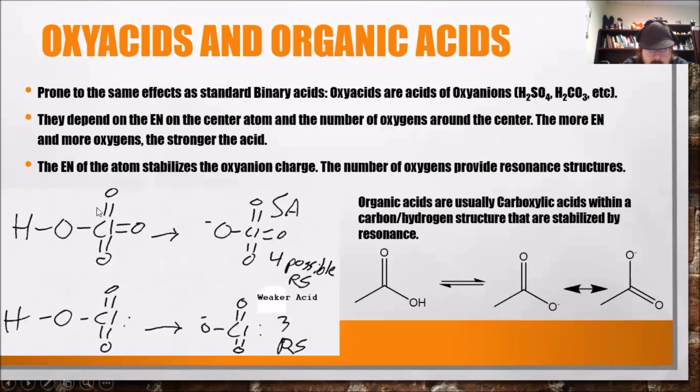So these multiple oxygens, the things that made these acids hard to name, are what make them strong acids, because you can move that charge to any of these oxygens. So the more resonance structures, the stronger the acid is? Typically. This is acetic acid. You may say, well, that's a weak acid, Andrew.